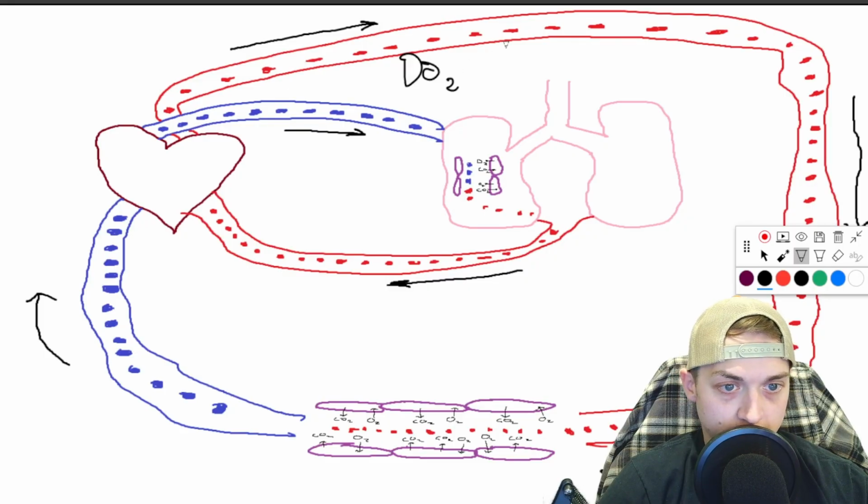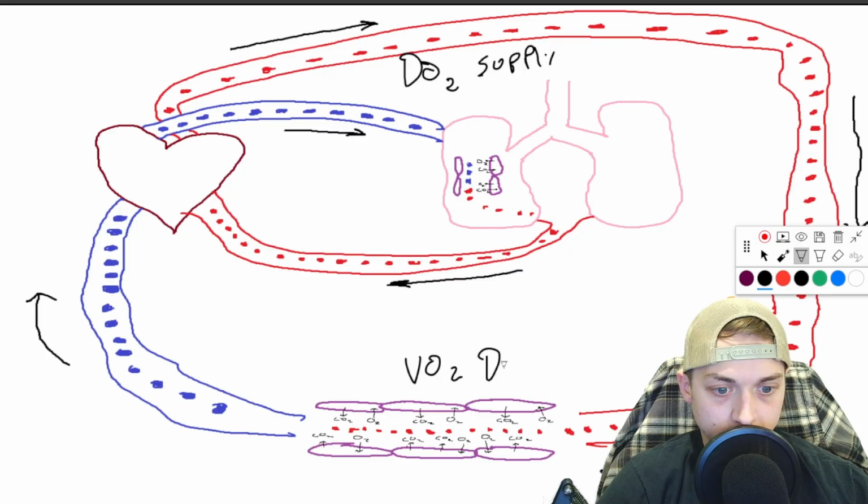That's your supply. It's going to go all the way around, and then it gets to your tissues, and then your tissues are the VO2. So this is the demand, right? We got supply up here, and then we got demand down here. And in shock is when DO2 is less than VO2.